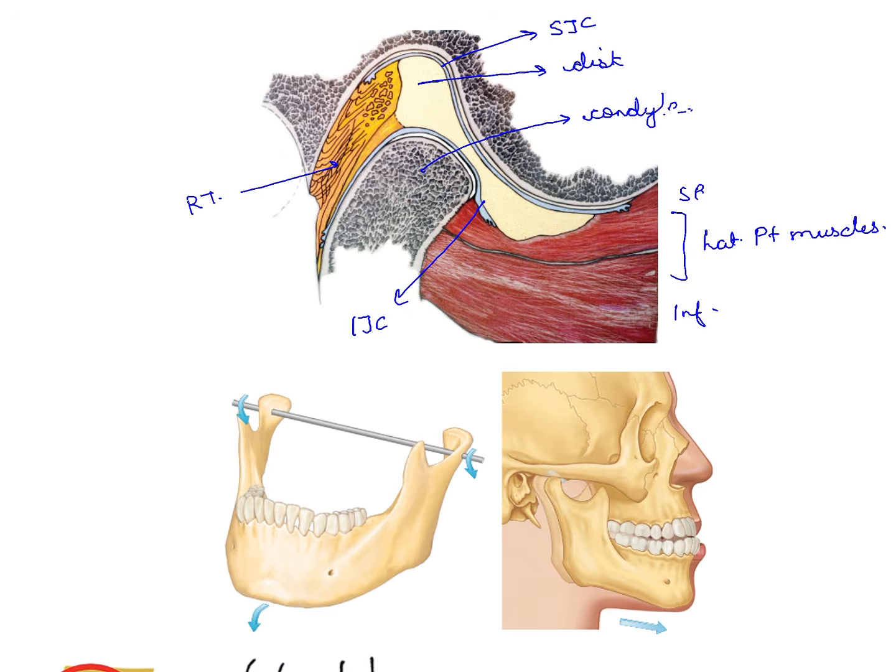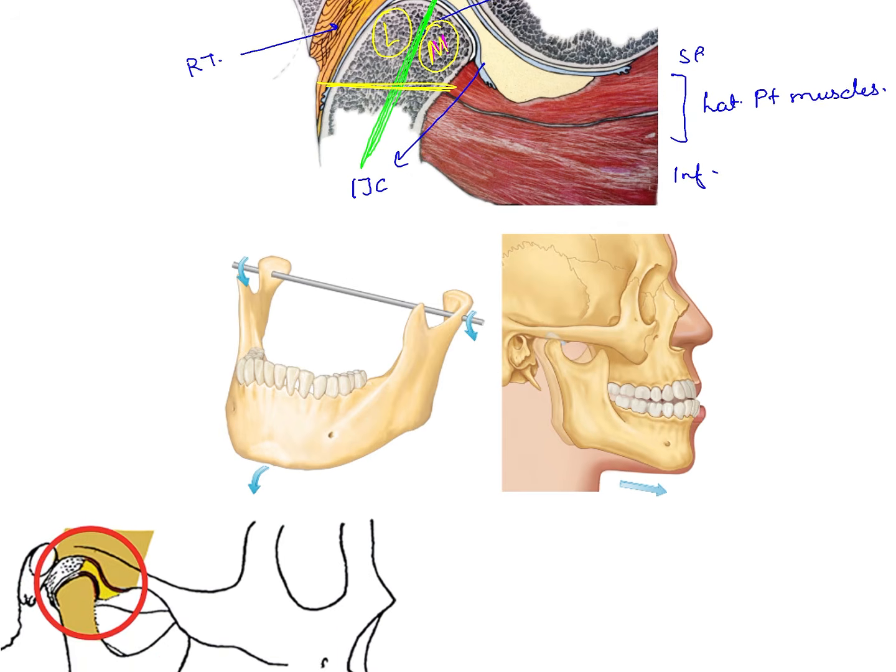Now, when you cut the condyle into two parts, the part towards the midline is the medial pole, the part away is the lateral pole. So, medial and lateral pole of the condyle is something that we must know. Now, there are two kinds of movements possible in the mandible.